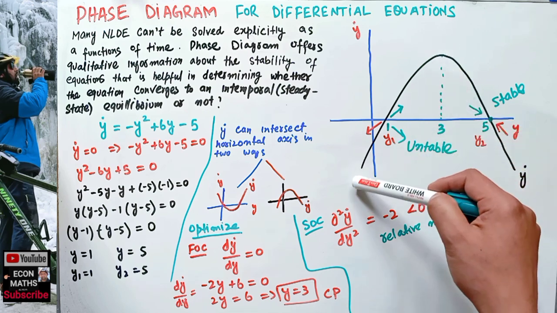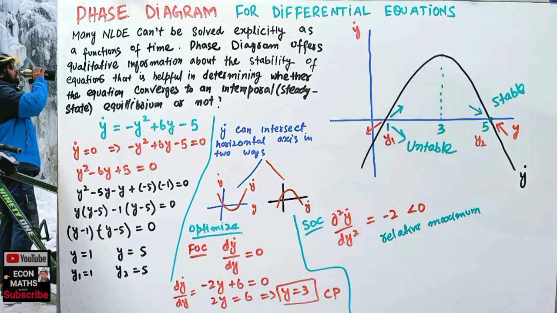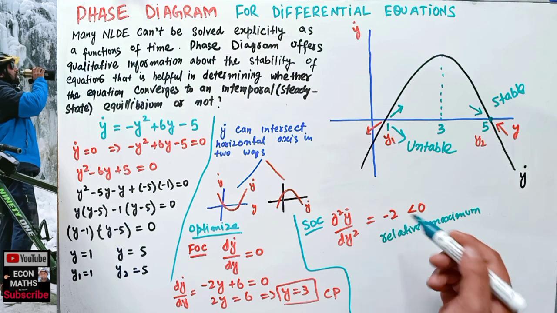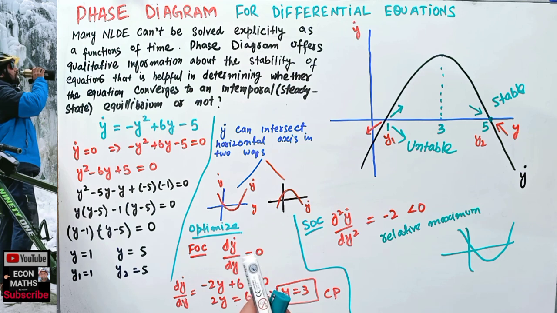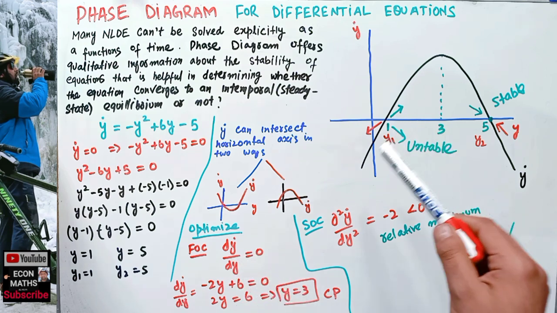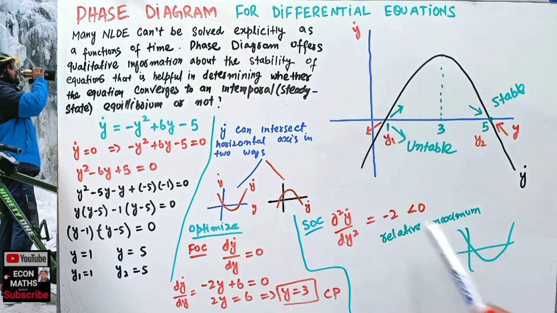So our graph will look like this. If it was greater than 0, then we would have a minimum point in this fashion. That means we would have this graph if the second order derivative came out to be positive.